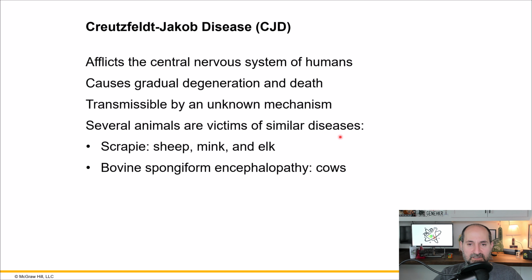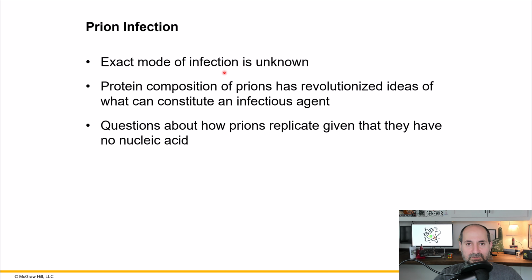Several animals are victims of similar diseases. In sheep, mink, and elk, you can see scrapie, and in cows, you can see mad cow syndrome or bovine spongiform encephalopathy.